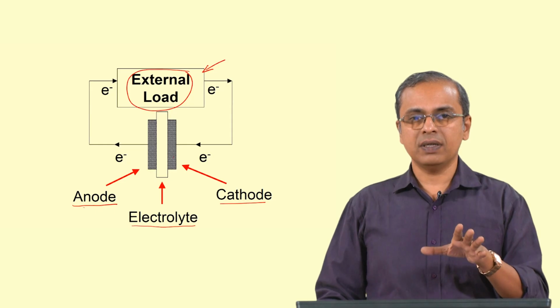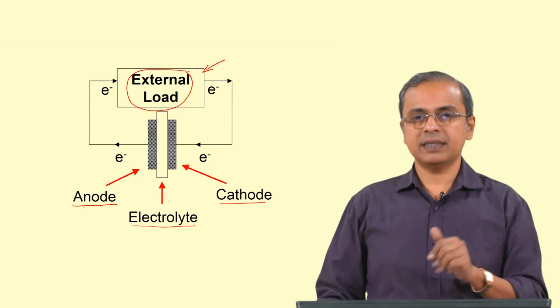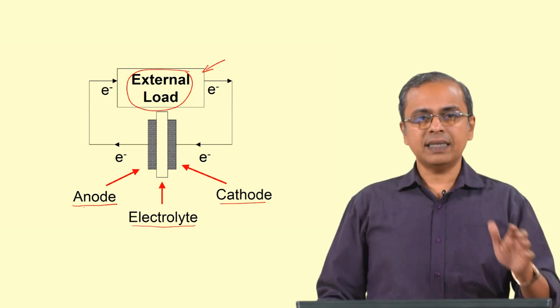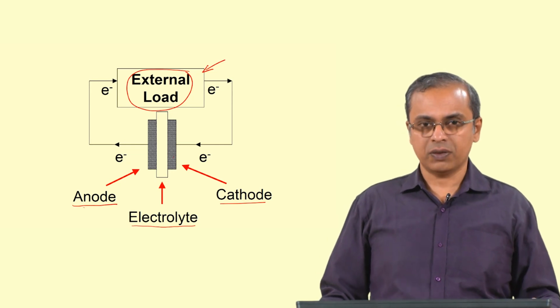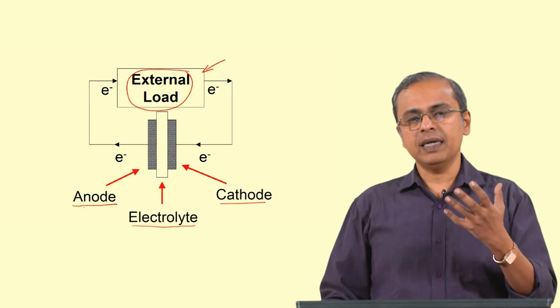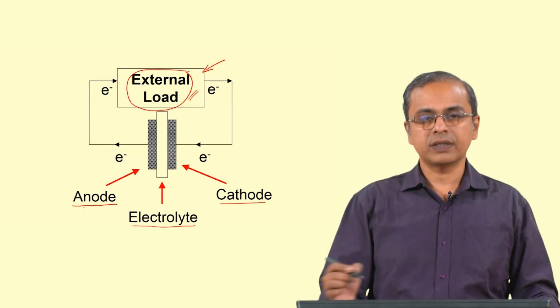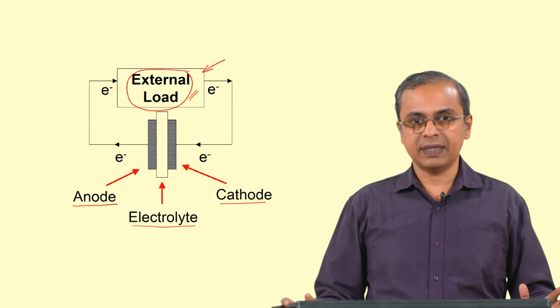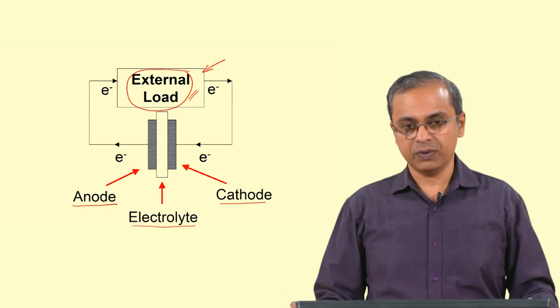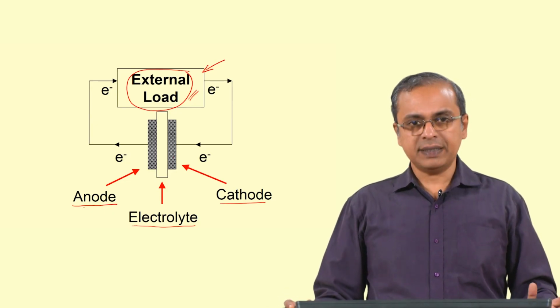That combination is decided by how you have arranged these cells in series and parallel, and therefore that also decides the power available in the circuit. The power is usually the critical parameter that decides whether or not your external load is going to be able to function, given that you have attached this power supply to it. That is the basic idea.